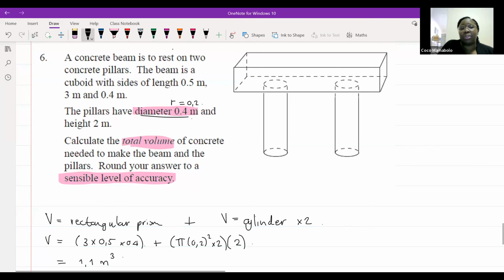And that's what they mean when they say to a sensible level of accuracy. They're also talking about the decimals, yes, but because we want to know how much cement we need to buy, we cannot round down. We must round up. Okay, that's it for today's lesson.